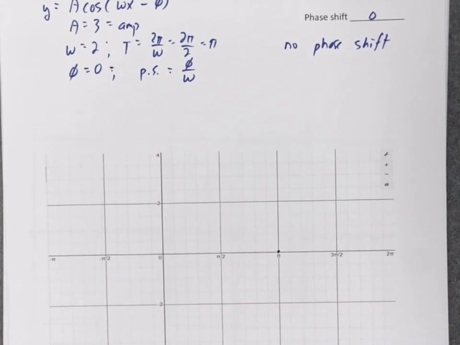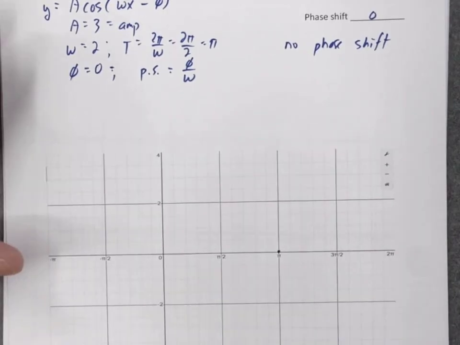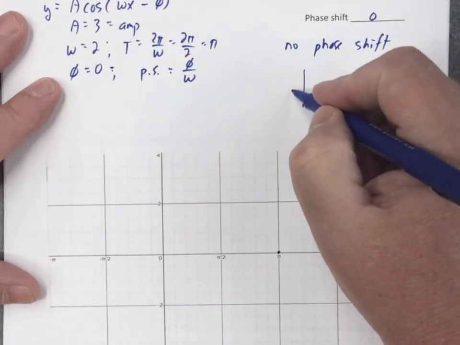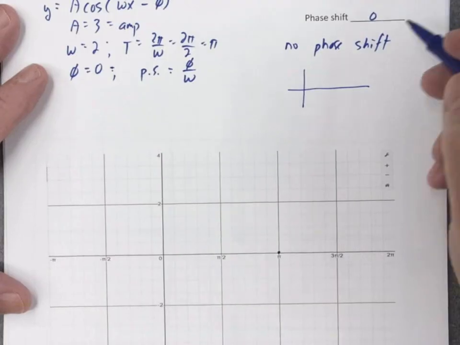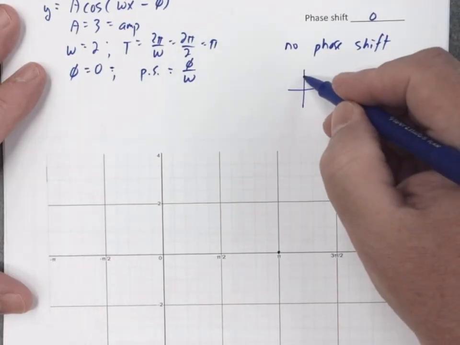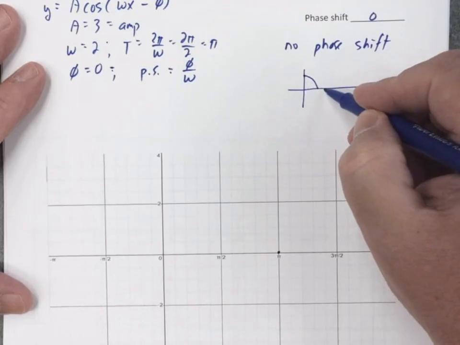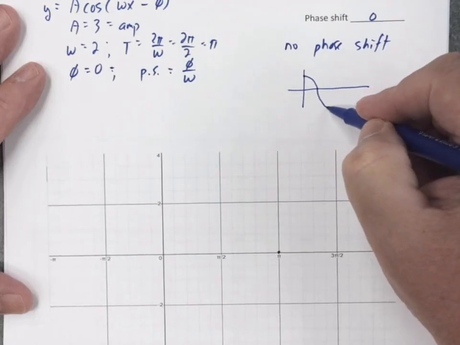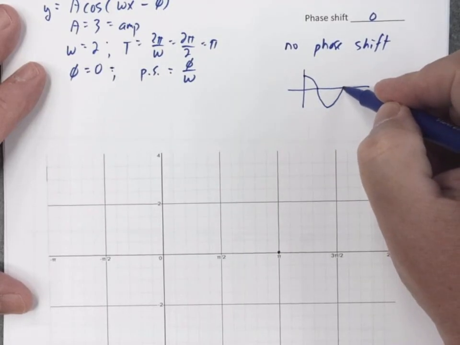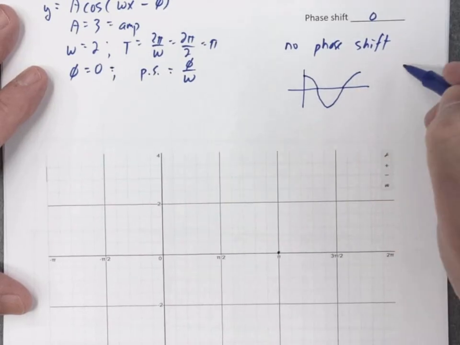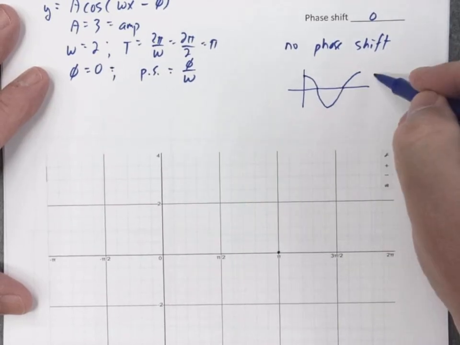Now anytime we do a trig function graph, like if we're going to do the cosine, it starts high, and it goes to the middle, and then it goes low, and then it goes back to the middle, and then it goes high again. So this is one cycle.